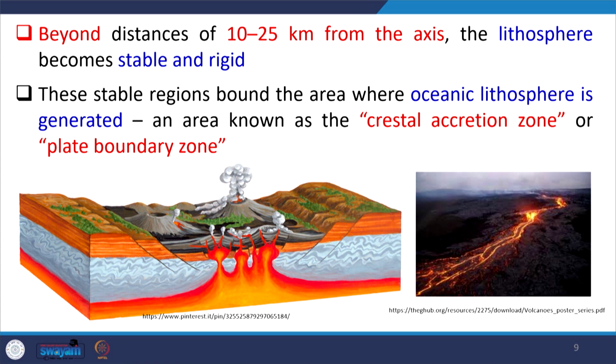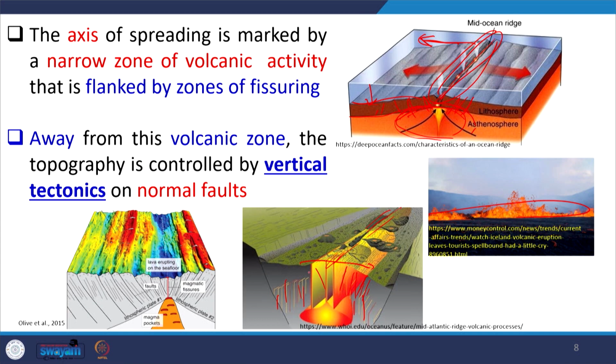This 10 to 25 kilometers on either side of the ridge system is called the plate boundary zone, or the crestal accretion zone. If you see in this figure, within this 10 to 25 kilometers on either side of the ridge axis the magmatic activities are confined, and away from this, on both sides, that means around a 50 kilometer zone, the system is cooled and shrinks down.